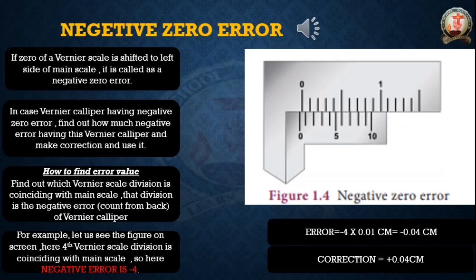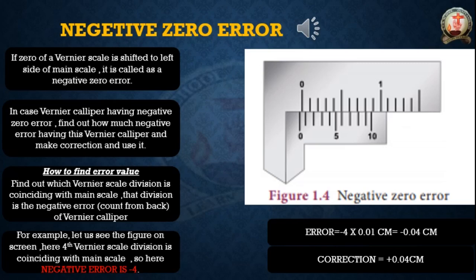But here, to find the negative error value, you should measure the vernier scale divisions from the back side onwards. So find out which vernier scale division is coinciding with the main scale; that division is the negative error of the vernier caliper, but you have to count from the back onwards.